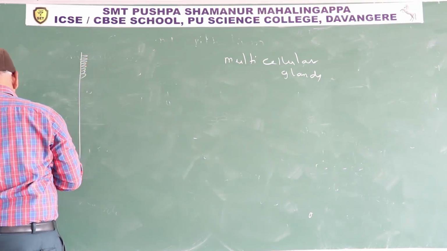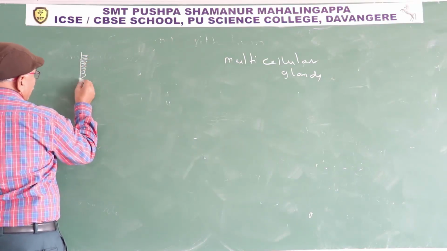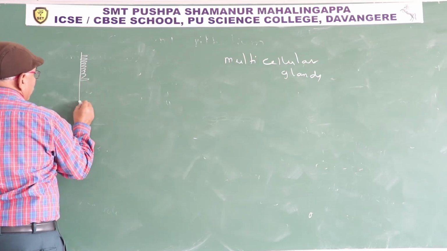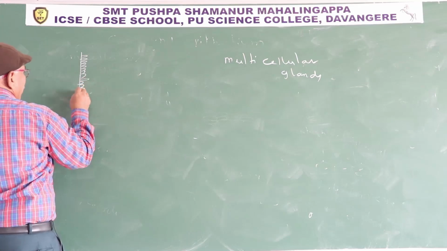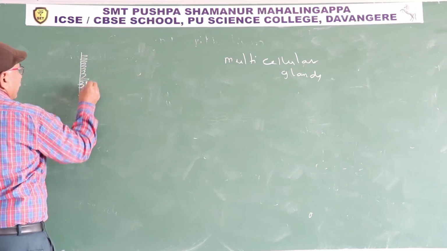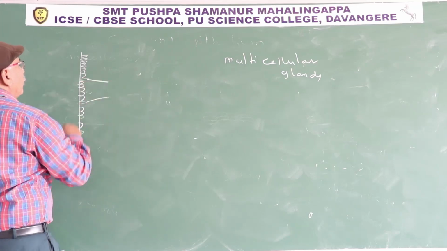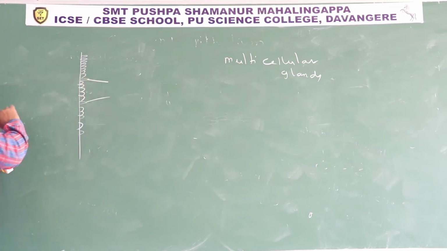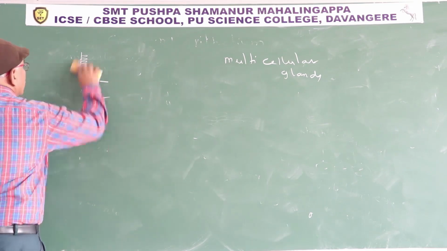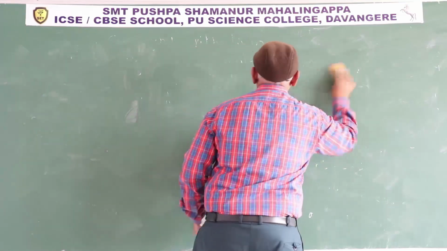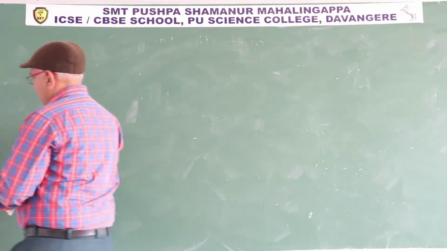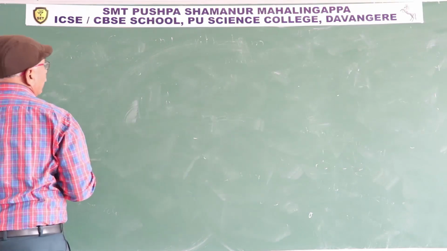These are the normal columnar cells. This is the goblet cell. Goblet cells are isolated cells; they are not present side by side. Multicellular gland.